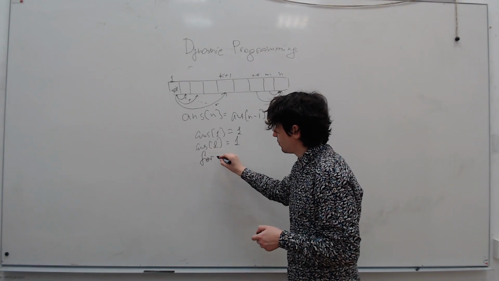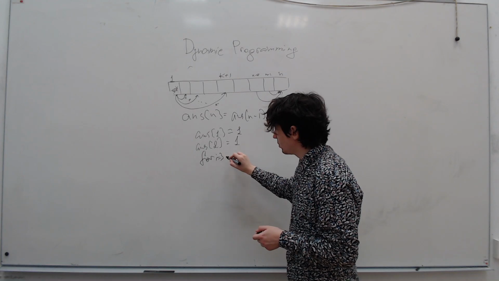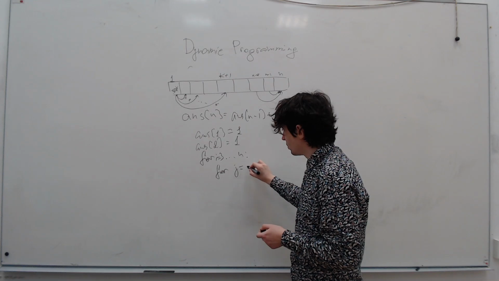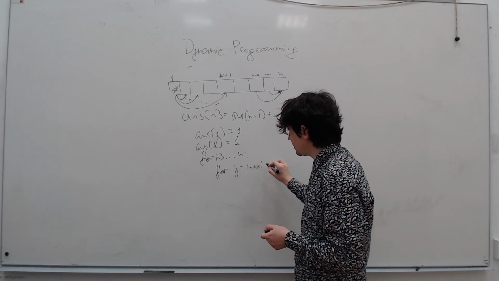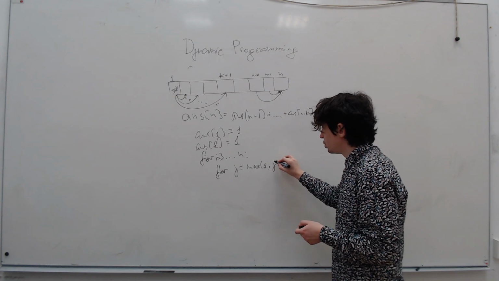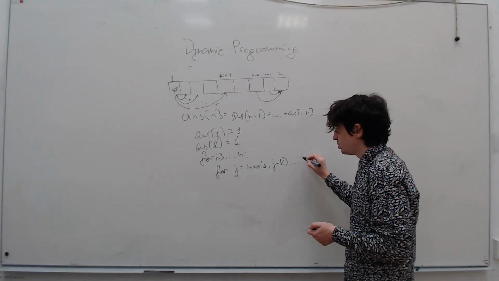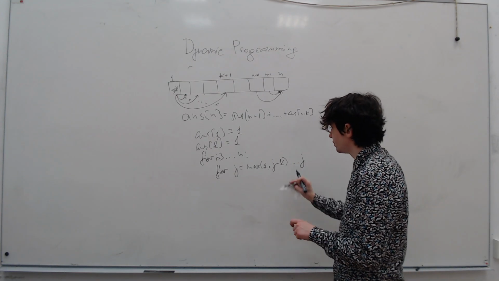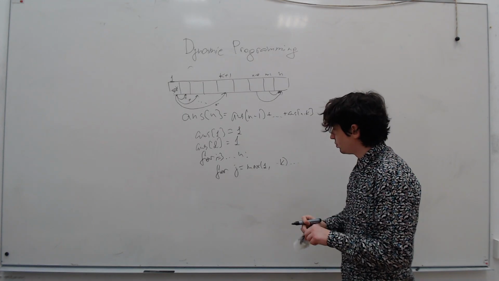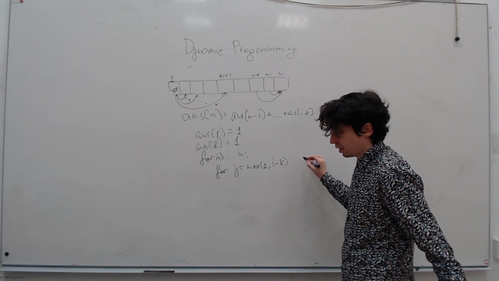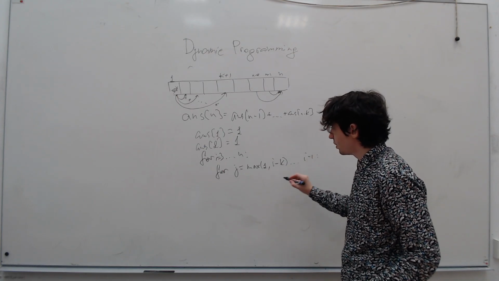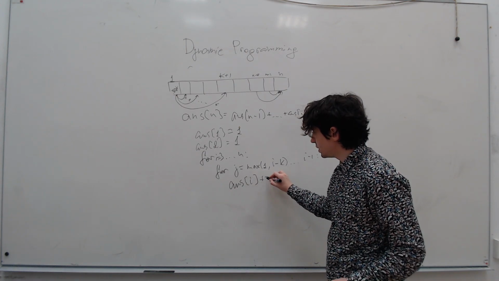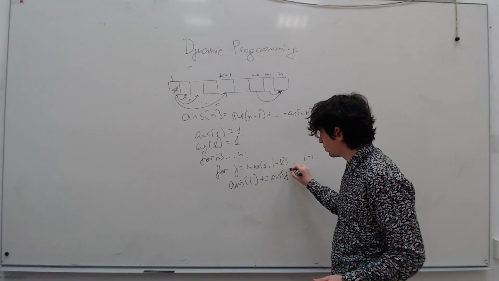And then we calculate for all others: for i equals 3 to n, for j equals the maximum of 1 and i minus k, to i minus 1, ans of i plus-equals ans of j.